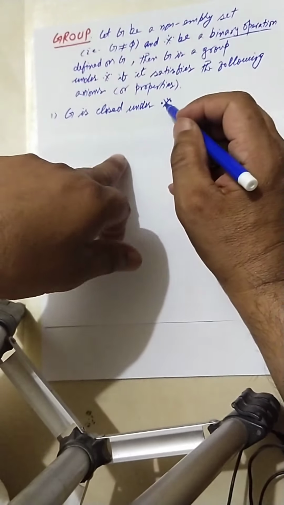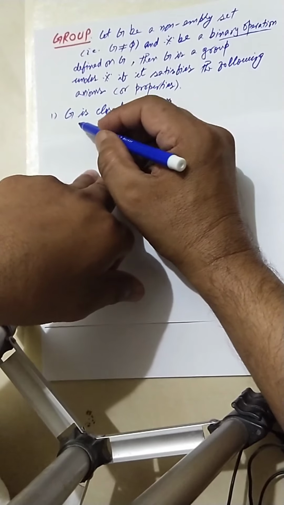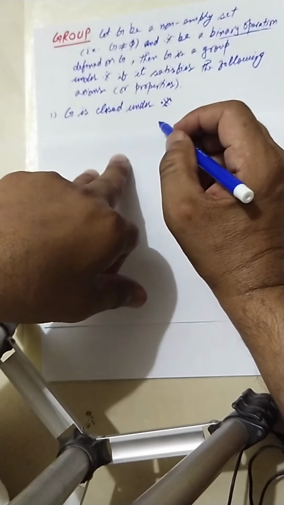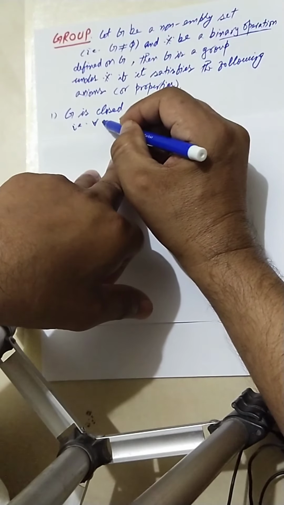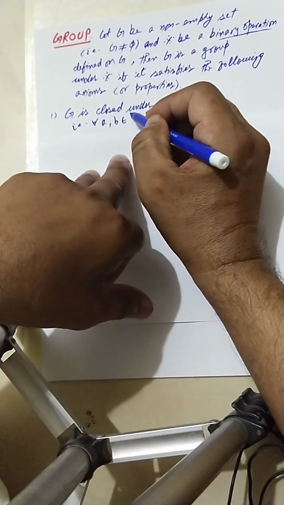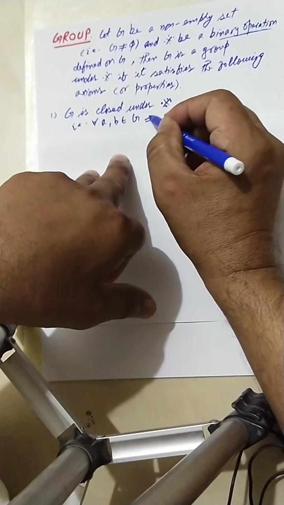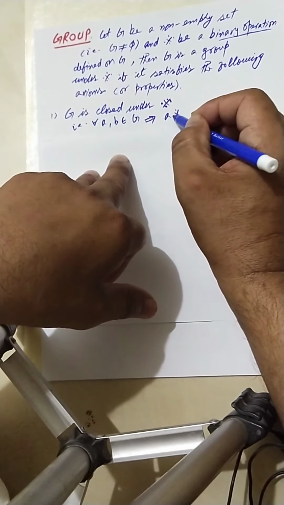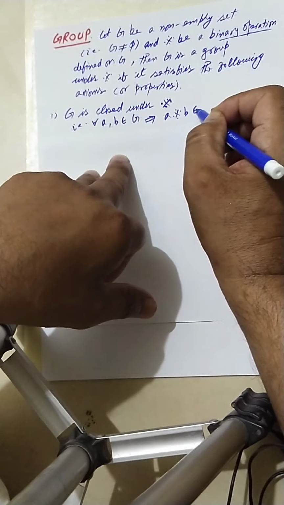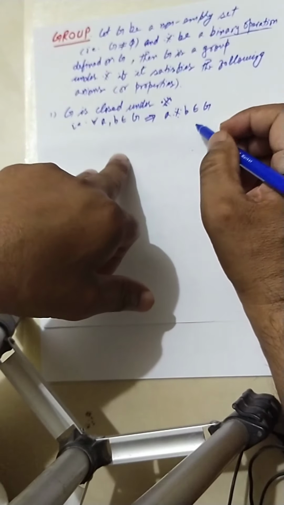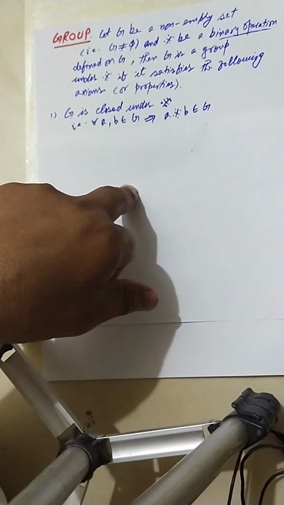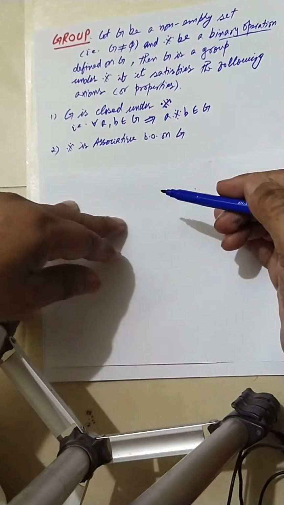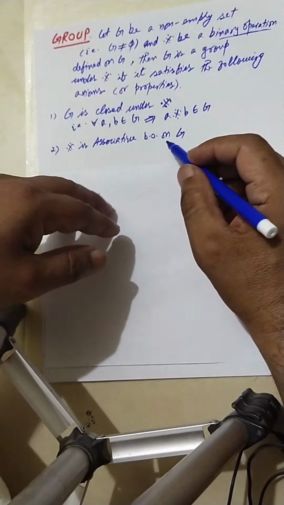First, G is closed under *, and how is * closed? That is, for all a, b belongs to G implies a * b also belongs to G. This is closure property. Second, * is associative BO.